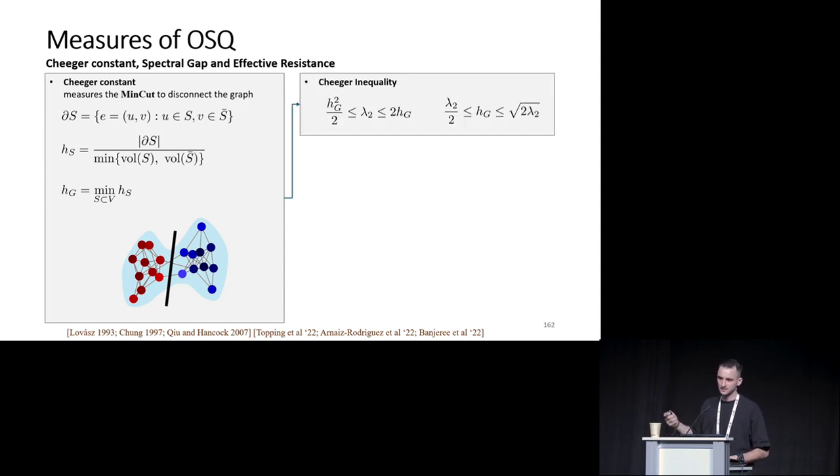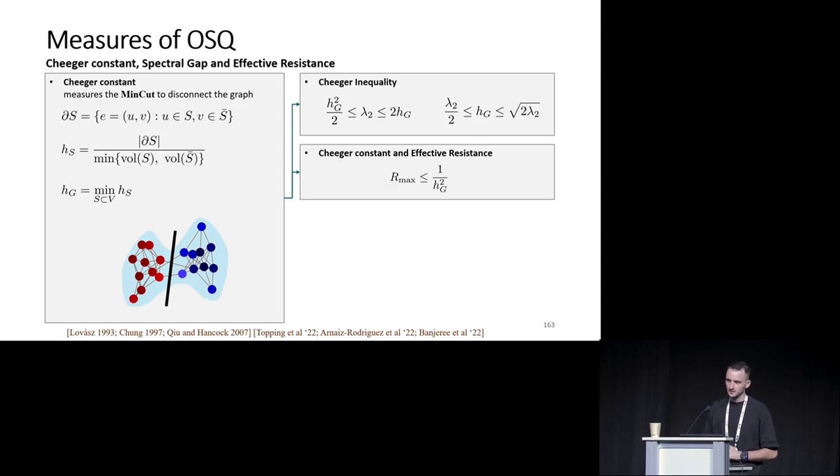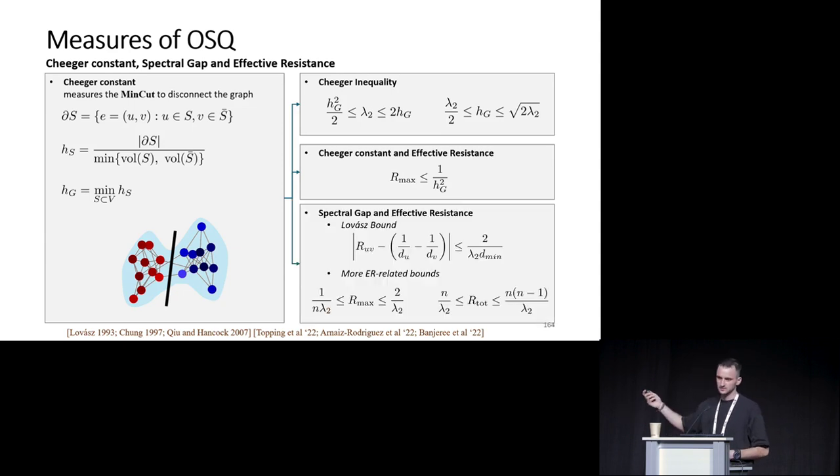As it's NP-hard, it's bounded by the spectral gap, by the second eigenvalue. It's also connected these Cheeger constants with effective resistance. So the maximum effective resistance is a bound of the inverse of the Cheeger constant. The more disconnected the graph is, the higher the effective resistance, the lower the Cheeger constant. And also this is connected with the Cheeger inequality, just for completeness.